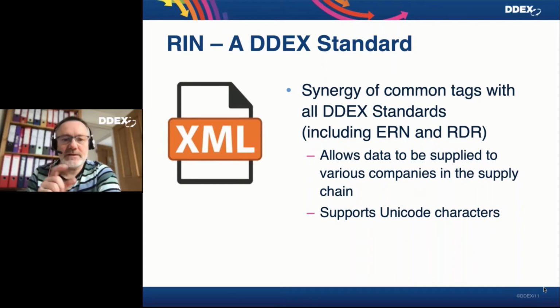So you would find exactly the same tags to describe title, to describe contributors, and so forth in both messages, as well as the RADAR message for the communication to and with music licensing companies, for instance. This allows the data to seamlessly be deployed into the value chain, the commercial value chain, as well as along the different nodes and parties amongst them. And of course, we support all kinds of character sets and the like.